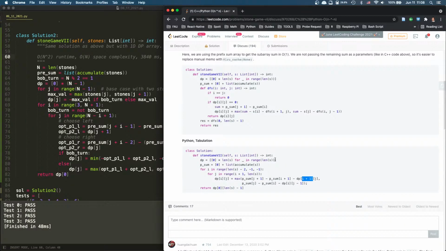That is so simple, huh? Minus 2, to 0. And what is i? i is the index. j is the length.